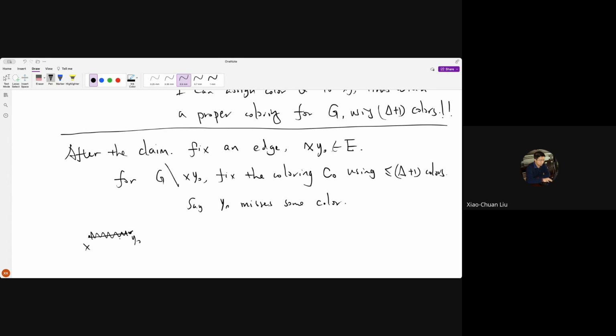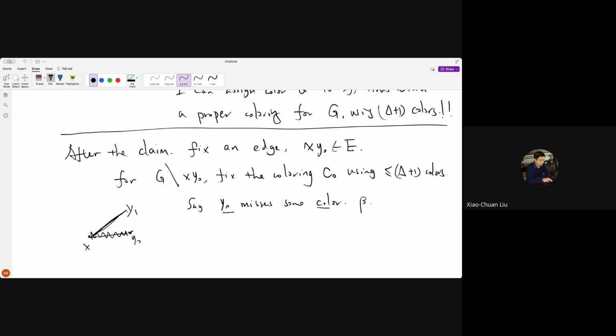What I want to say is that I want to find an edge x y1 such that this edge has this color y0 missed. So this here is a little complicated. For example, y0 misses a color beta.